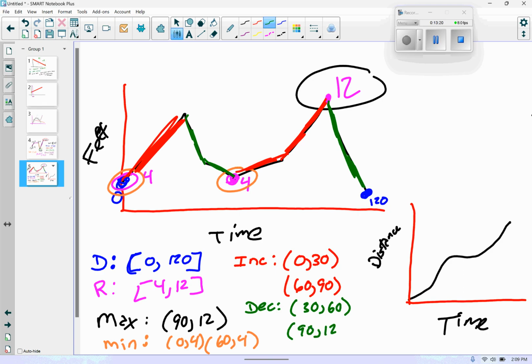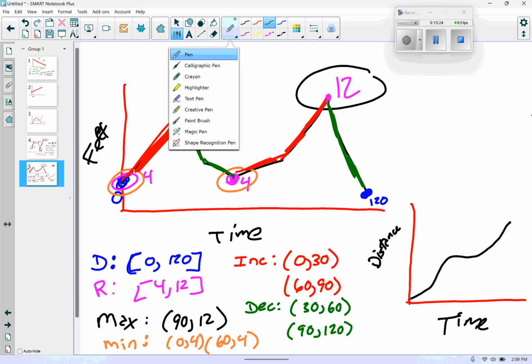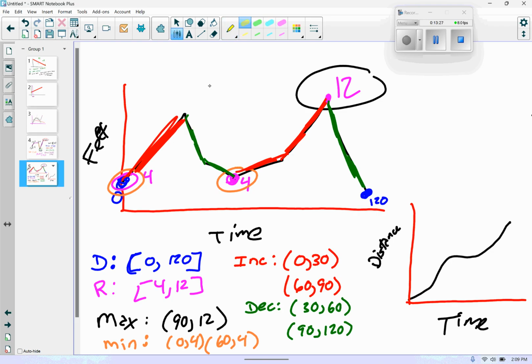Now, this is a perfect time to talk about something for a minute. I want you to notice this. And I want you to notice this. Those 60s are the same number, right? That 60 is right here. Agree?